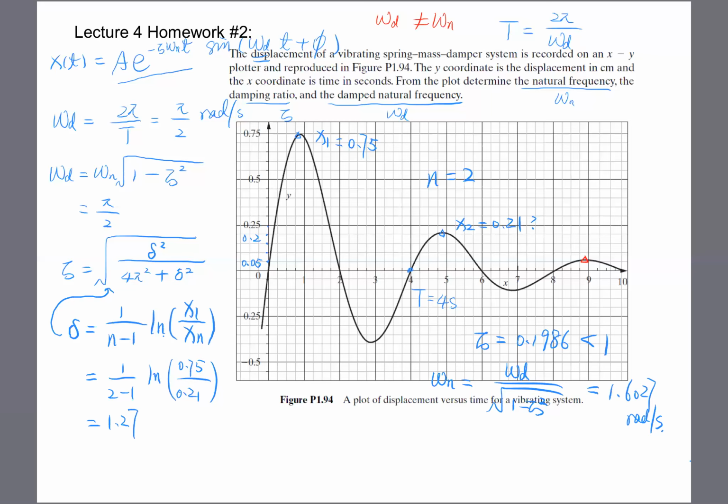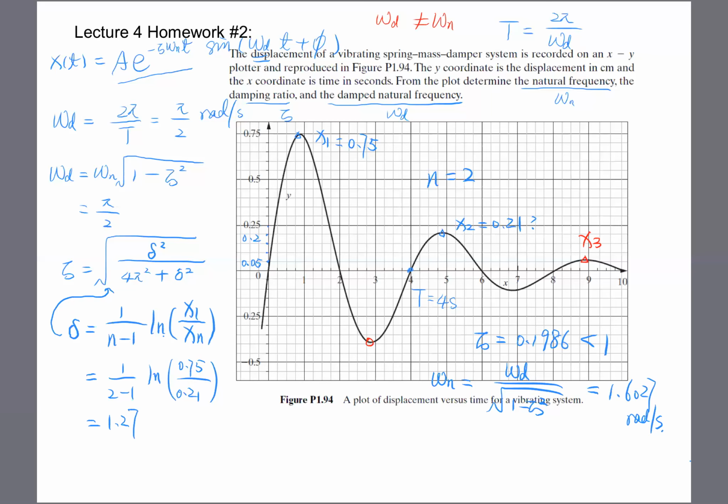From x1 and x3 you get a second damping ratio value, and then you can average. In practice, that's actually what we usually do. You can code it up in MATLAB, automatically find those peaks, and then do a moving average to find the actual damping ratio.